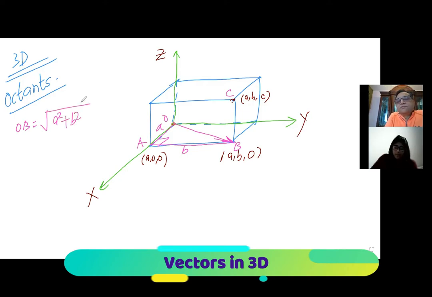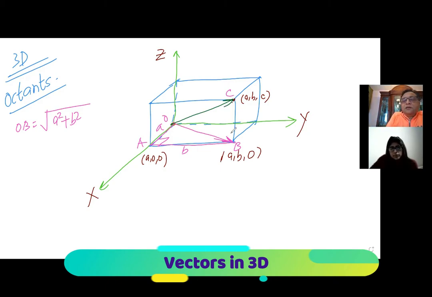Now I need to figure out my net distance. When we talk about displacement, we talk about the starting point and the end point. The starting point is at the origin, the end point is at C.